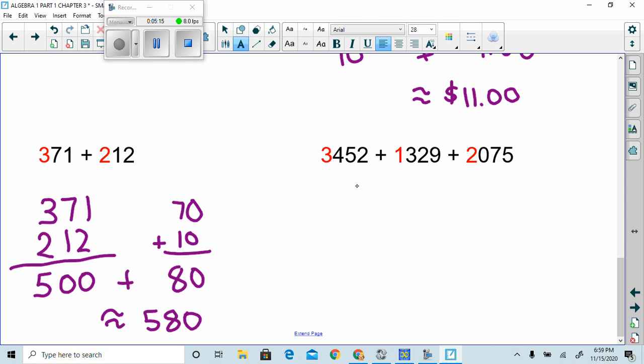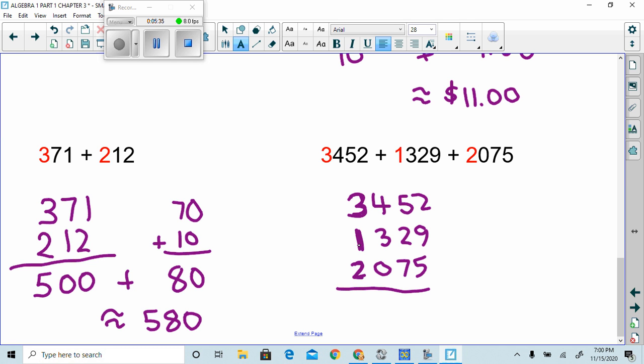Let's see one more. This time I have three addends. 3,452, 1,329, 2,075. The front digits are a 3, a 1, and a 2. That's 3,000 plus 1,000 plus 2,000 gives me 6,000.